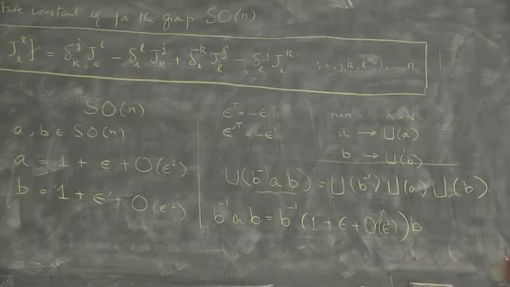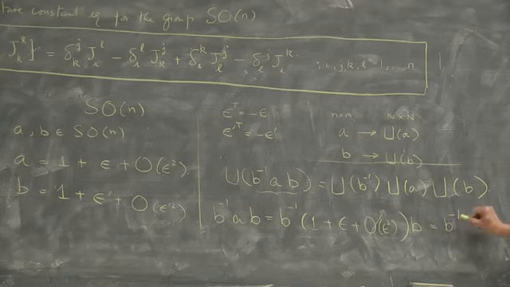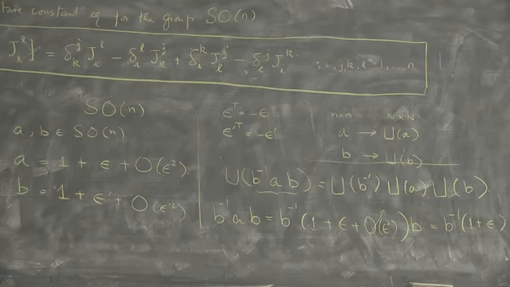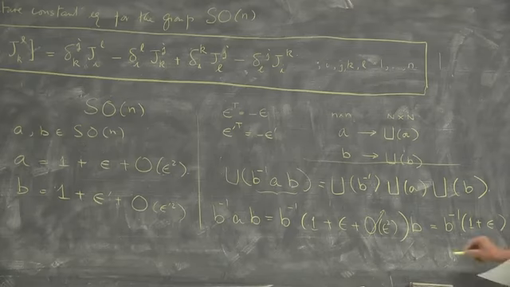So ignoring this thing in here, I'm going to have B inverse times (1 plus epsilon) times B to first order in epsilon. And that's going to give me something like this. Now, first term, B inverse times B is just equal to 1.